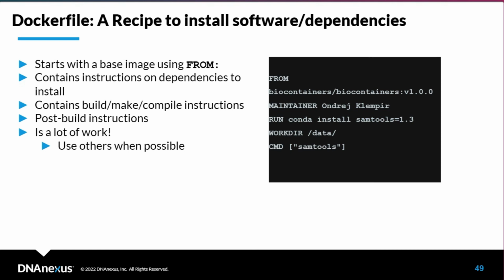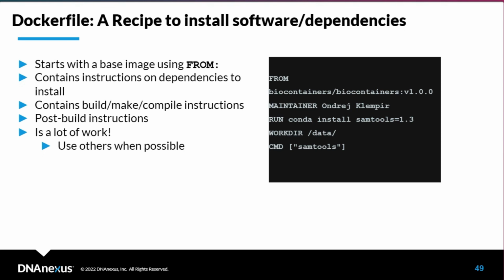We typically build it with the following steps. It starts with the base image using FROM. Here on the right side it's from biocontainers, but in our previous example, that would be something like FROM Ubuntu 18. Then this should contain all the instructions about dependency installation, entry points, and so on.